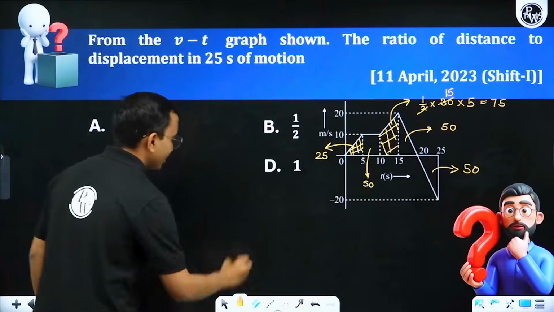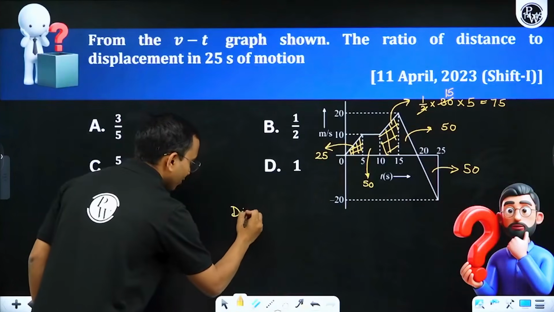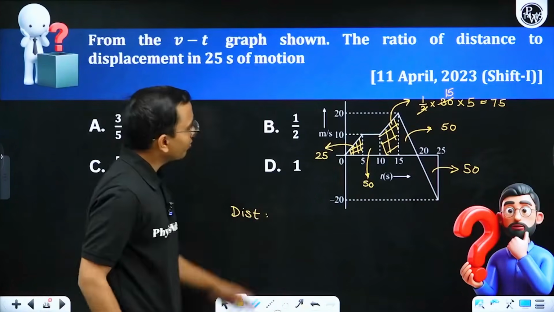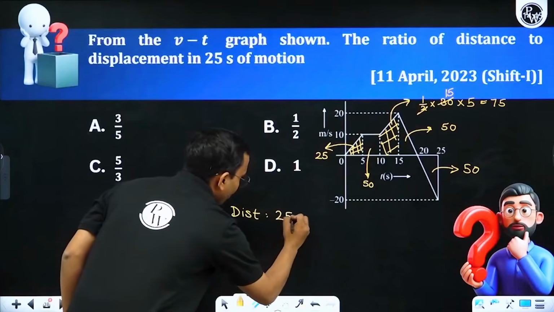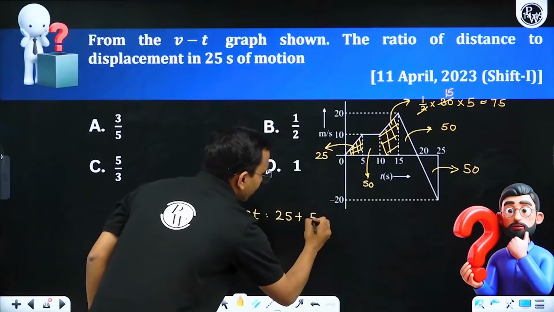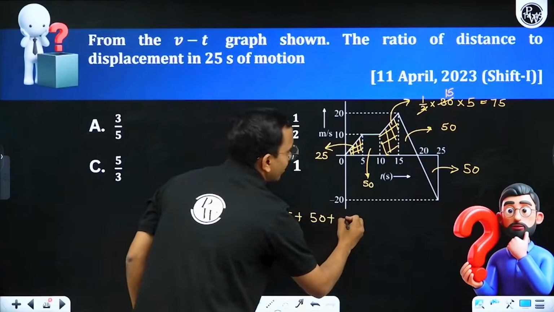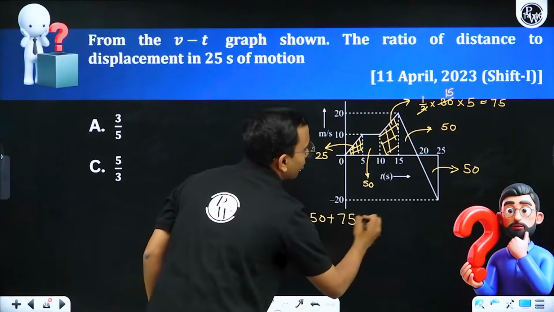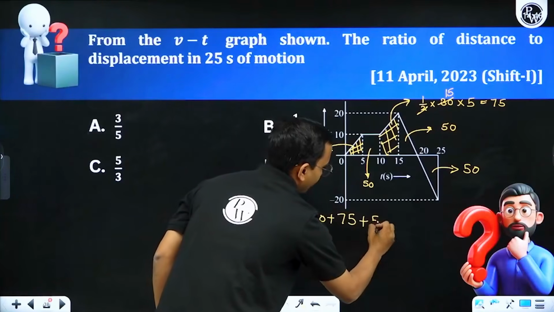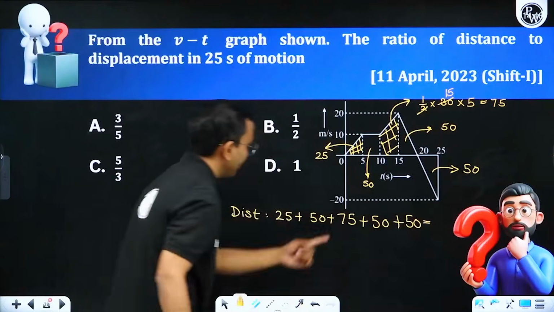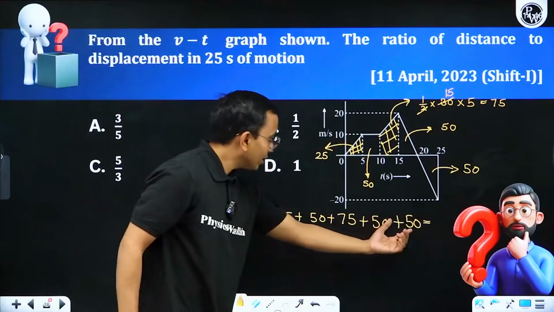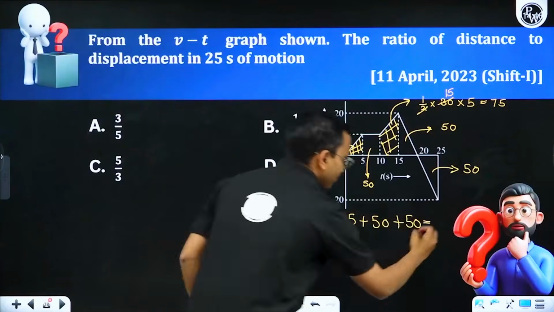Okay, so if I write the distance, what I'll do, I'll add all those things. So 25 plus 50 plus 75 plus 50 plus 50. How much is that? 75 plus 25 is 100. 100 plus 100, 200, 250.